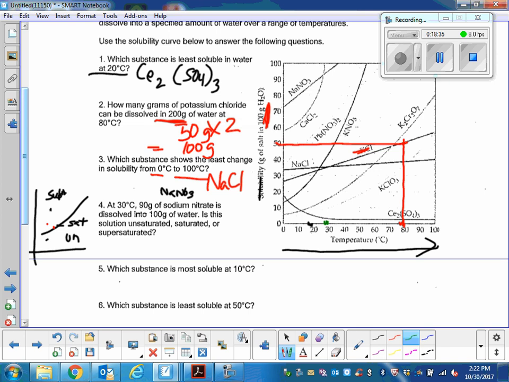If I get the intersection, is it above or below the line? This is the line. So it's unsaturated. Is it above or below the line? Below. So what kind of a solution is this? It's an unsaturated solution.